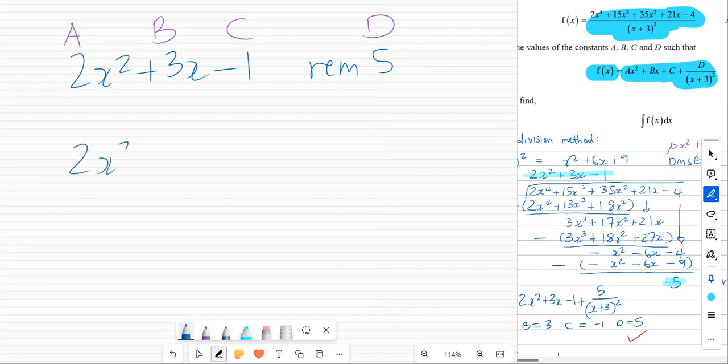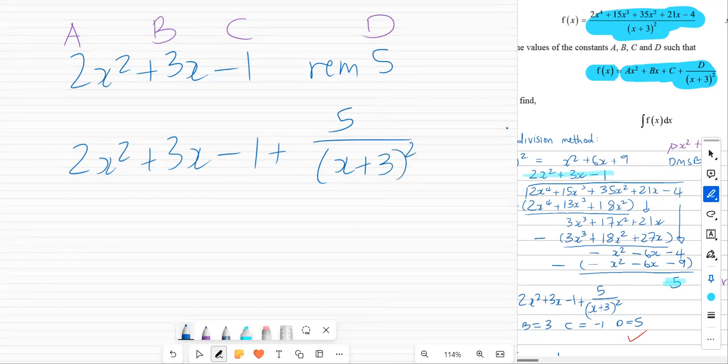So 2x squared plus 3x minus 1 plus 5 over the original denominator. 5 divided by the same denominator as we originally had. Okay, so that's the answer, but they want you to write the ABCD.